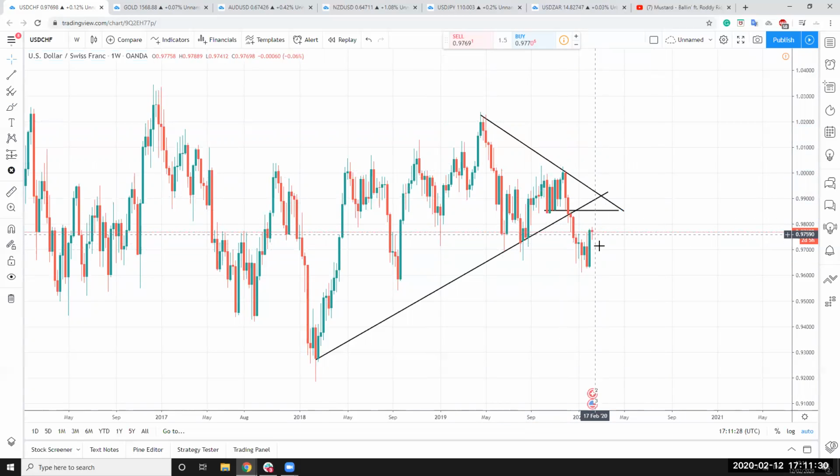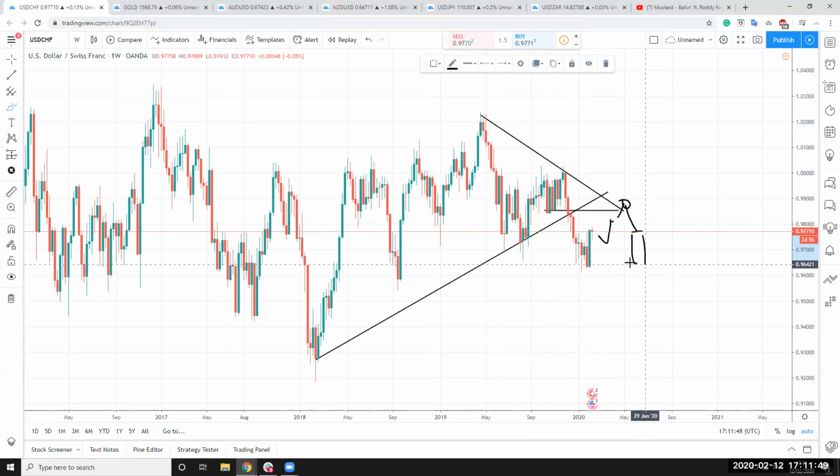So I think price this week will probably do something like this. They already did this, but I think it will go higher, and then next week I think we'll go higher, and that's when we're going to make the high of the month, and then we'll start to go lower, and that's what we want to take. The move that will go lower.